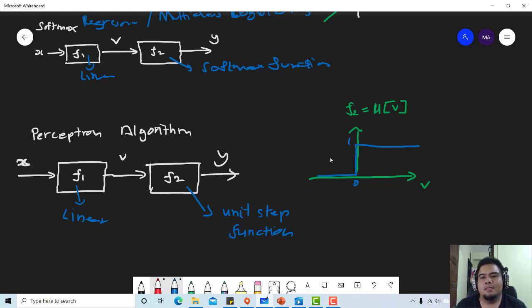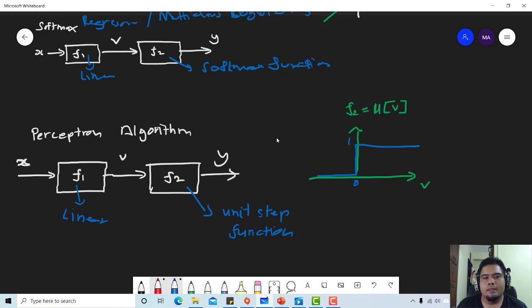But the decision to decide whether the output is 1 or 0 is a kind of hard decision making, because it can be either 0 or 1. So that's why this is not good.